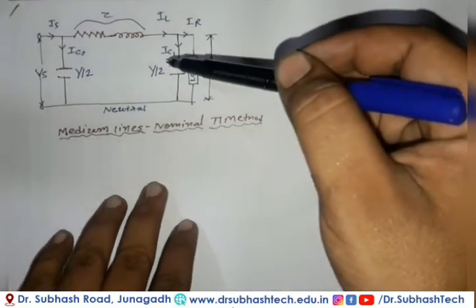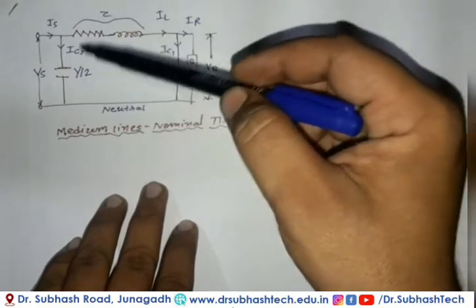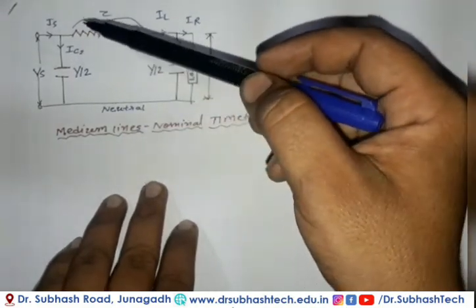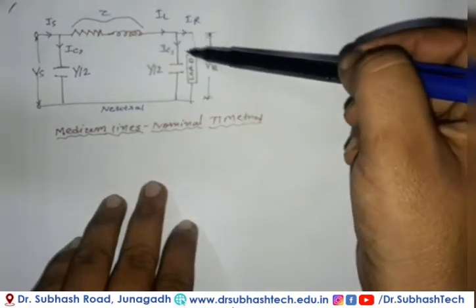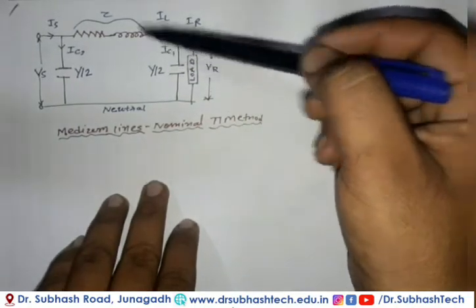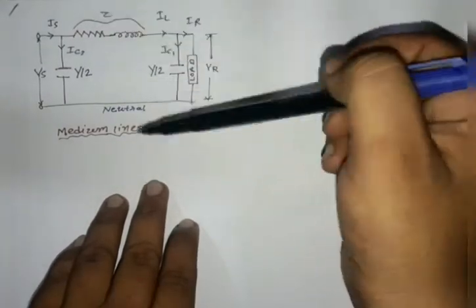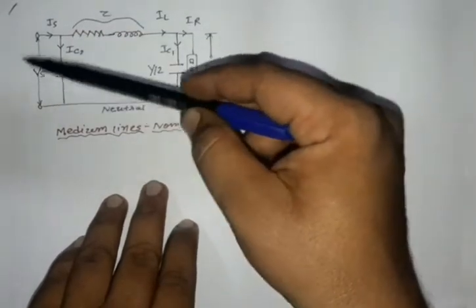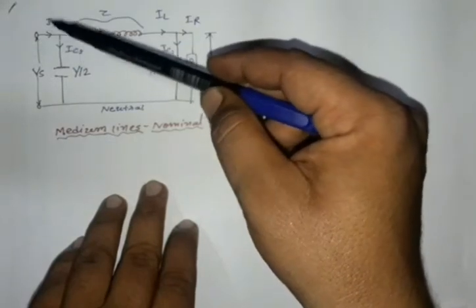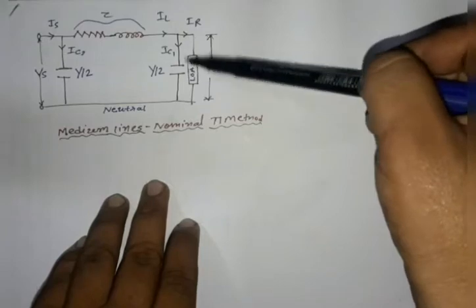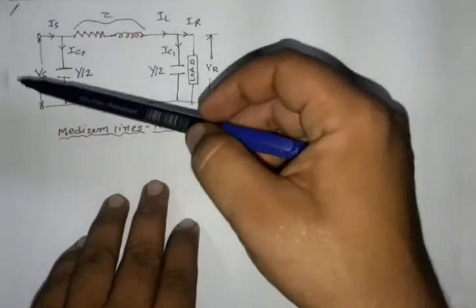In the pi method, we use capacitance, half at the receiving end and half at the sending end. And here is our impedance. The sending end voltage is Vs, the sending end current is Is, the receiving end current is Ir, and the receiving end voltage is Vr.